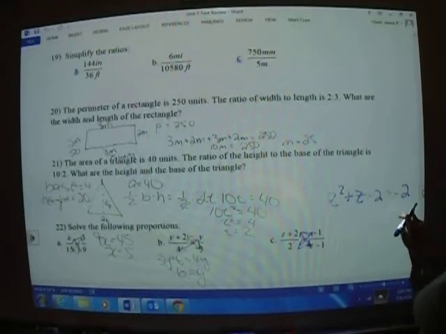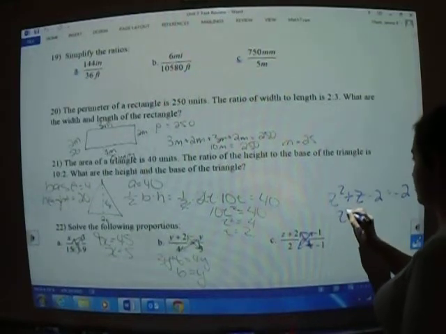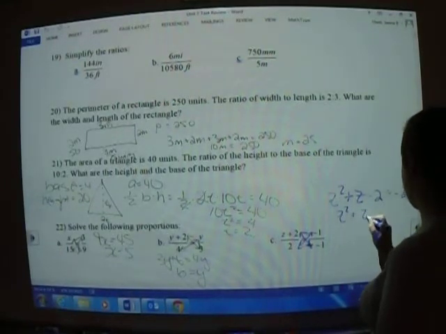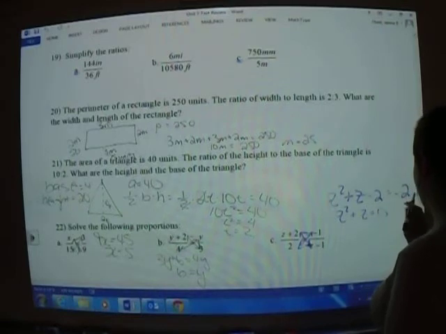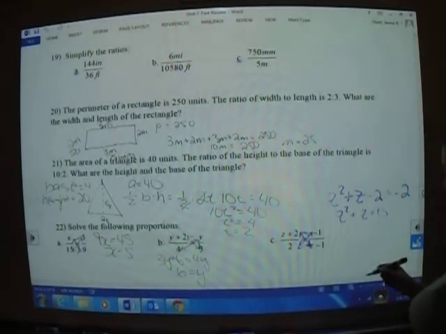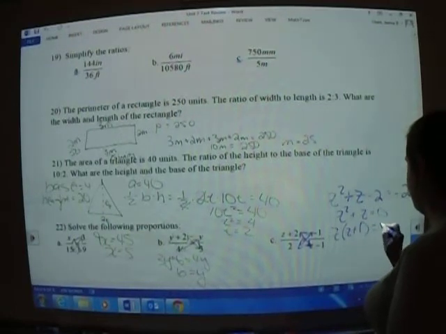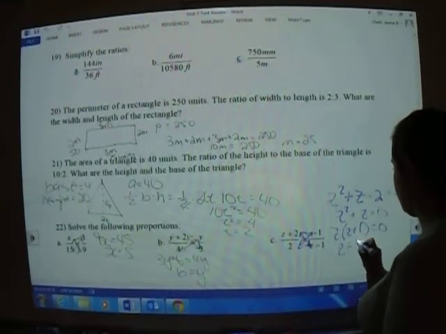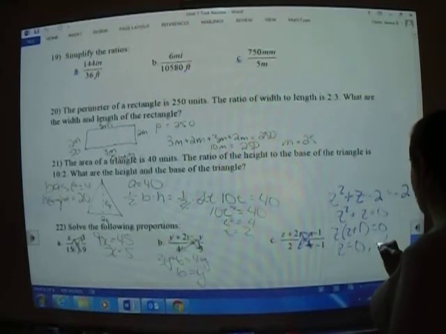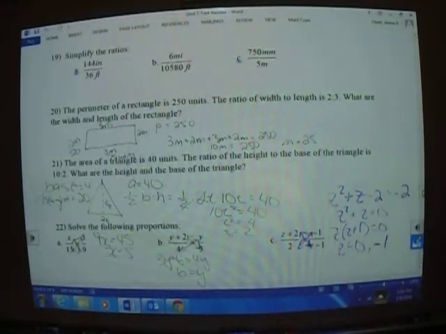Okay? We can move this over. We get z squared plus z equals 0, right? Because we added 2 to both sides. Z times z plus 1 equals 0, so z equals 0 and -1. Okay? So that's how you do those ratios.